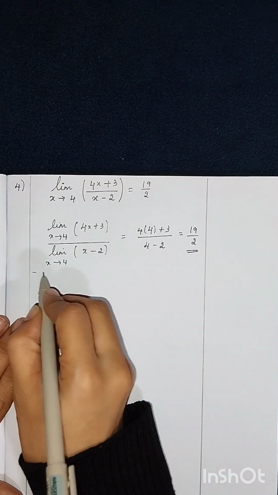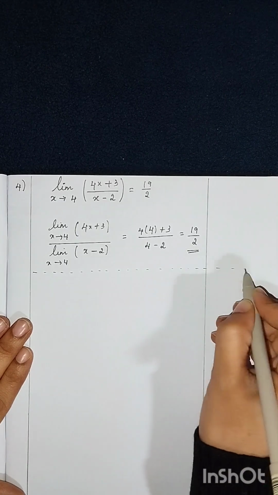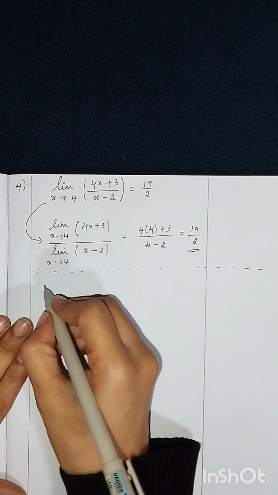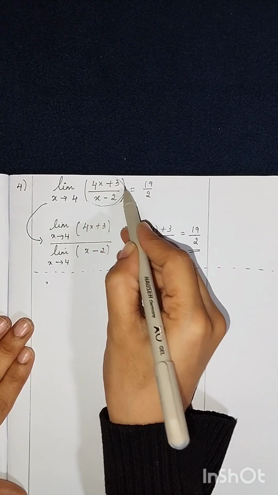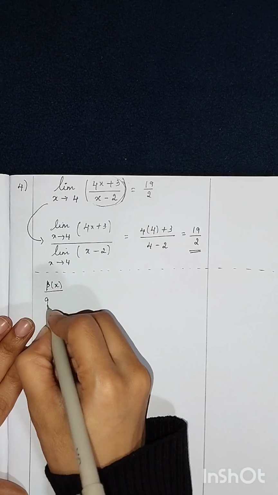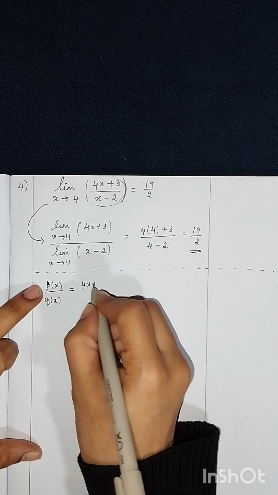In the exam you can write it this way, but let us try to understand how we approach from here to here. See, the given function here is a rational function, that is p of x by q of x. In the numerator the function is 4x plus 3.